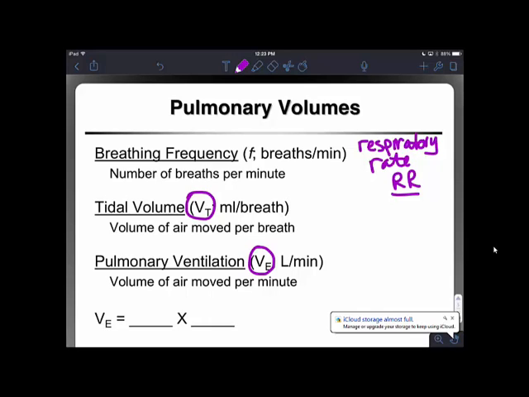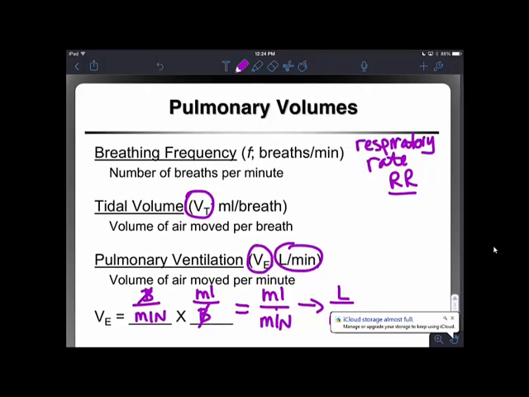Okay, so this is breathing frequency, which is breaths per minute, times tidal volume, which is milliliters of air per breath. Okay, and the breaths will cancel, and you end up with milliliters per minute. Okay, but pulmonary ventilation is expressed in liters per minute, not mLs per minute. So we would need to convert our milliliters per minute to liters per minute.